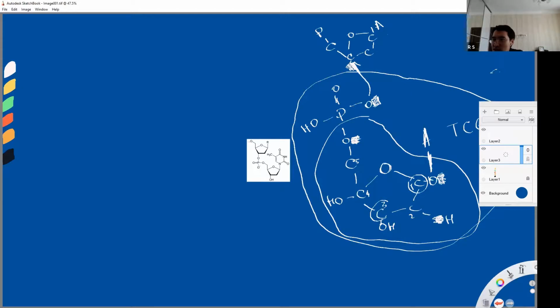And this is how it binds to another nucleotide and makes this chain. And within this molecule, we have deoxyribose, and it plays a crucial role.